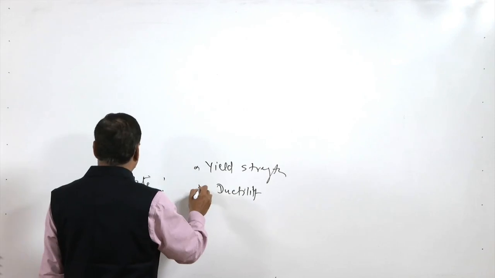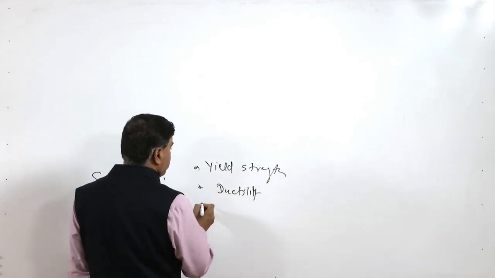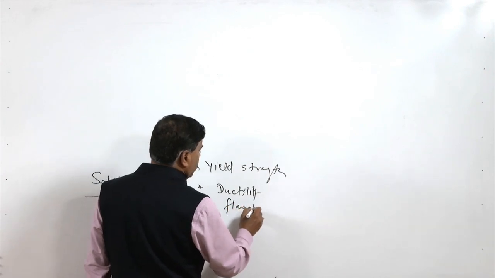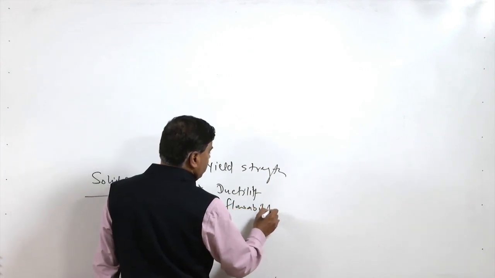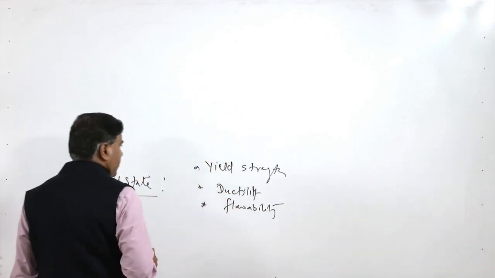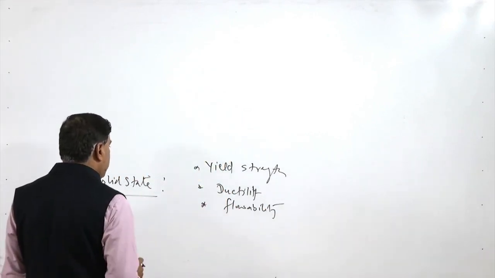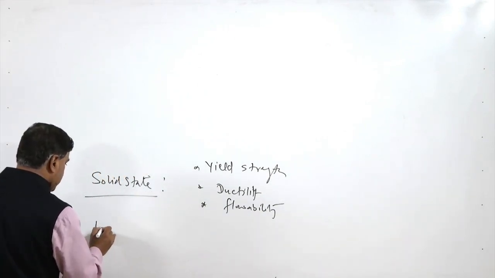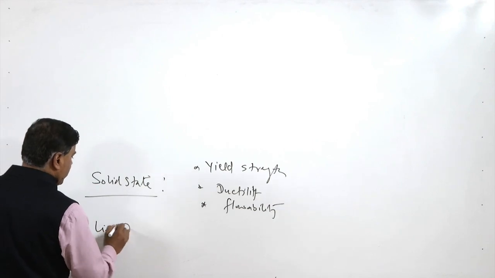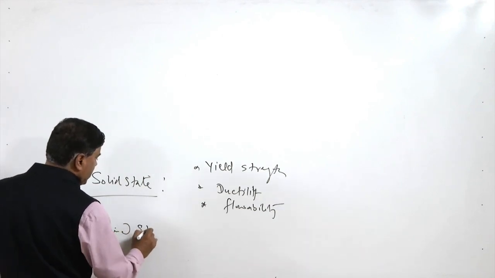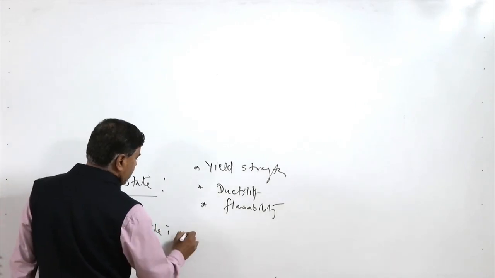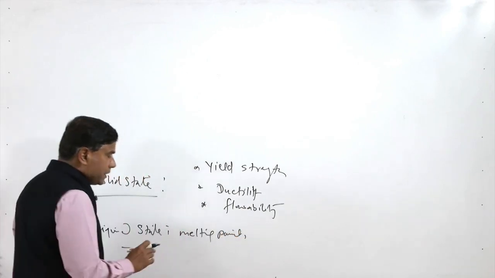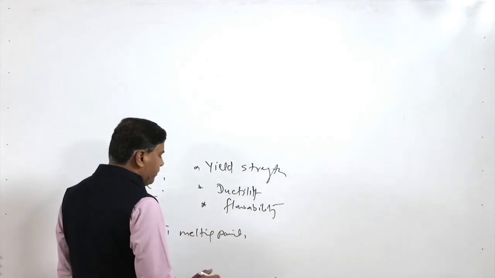At the same time, for the solid state welding process, the flowability of the material also affects the success of the process. And then in case of the liquid based processes, where fusion of the faying surfaces is to be achieved, the melting point of the base metal matters, because we need to ensure that the faying surfaces are brought to the molten state.